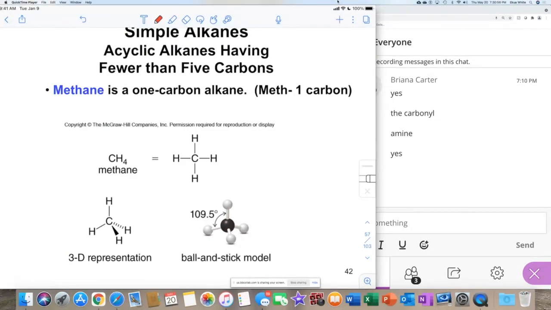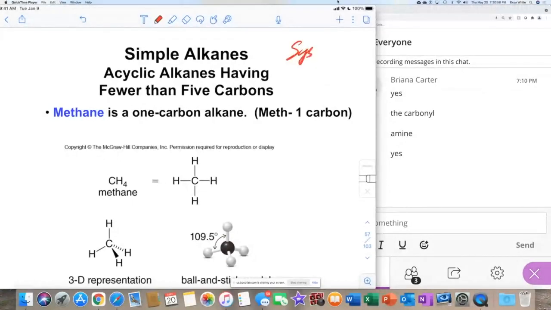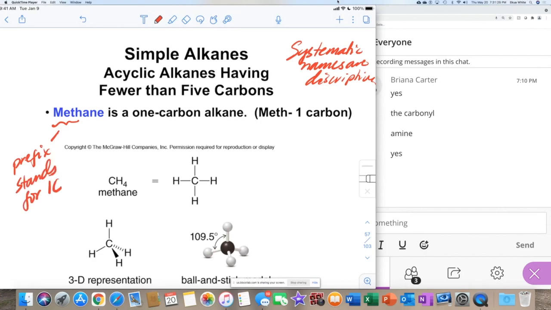The systematic names are descriptive. Okay. Is it D-E? Yeah, D-E. My spelling is not the best. So the prefix here, meth, is a prefix that stands for 1 carbon.